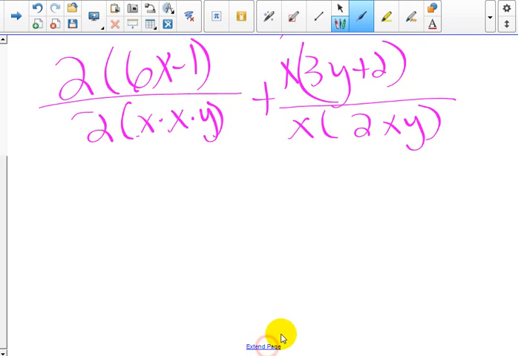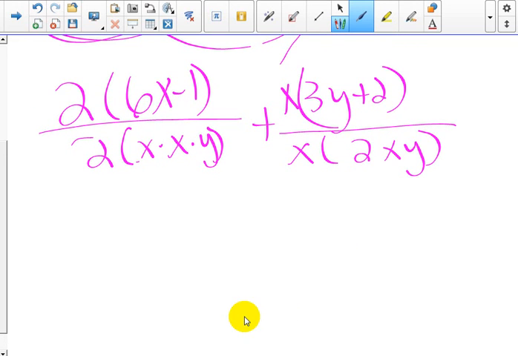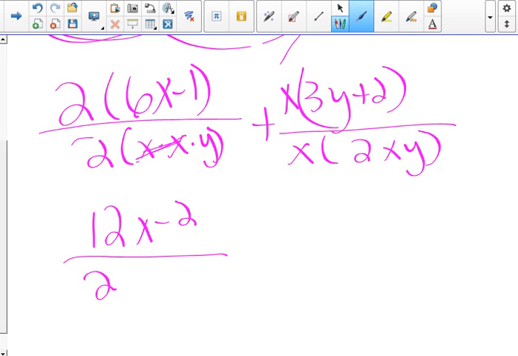Okay. Now let's distribute everything. So over here, it's going to be a 12x minus 2 over 2, I'm going to go ahead and just call that 2x squared y.